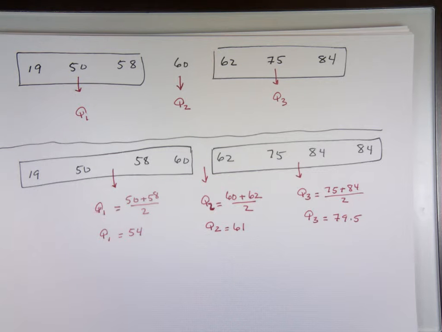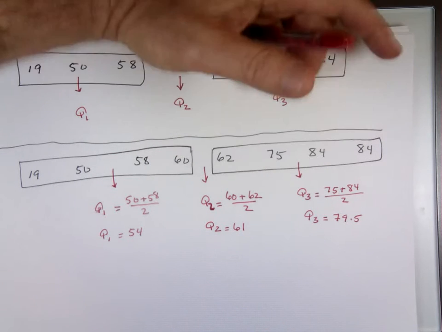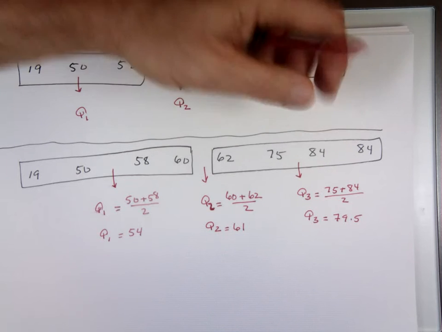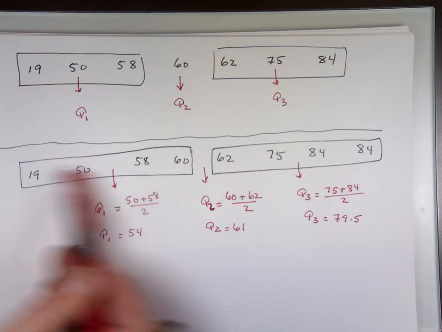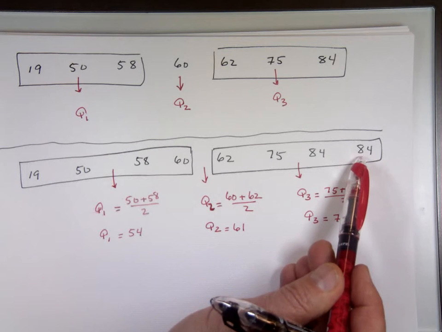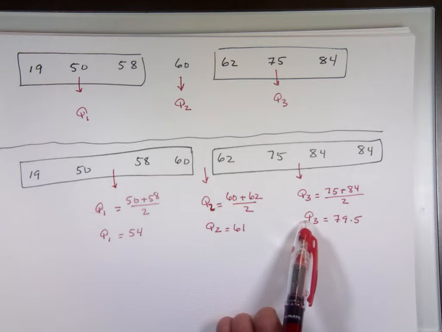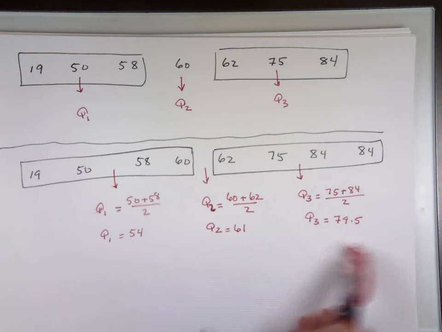Notice if you think about it, actually any number between these really will be Q3. I could have said 76, 77, 78, because if I use any of these numbers, how many values to the left of that? 6, and how many to the right? 2. What's 6 out of 8? 75%. So it doesn't have to be this. It could be any number between this and that, but that's what they're going to be looking for as an answer.